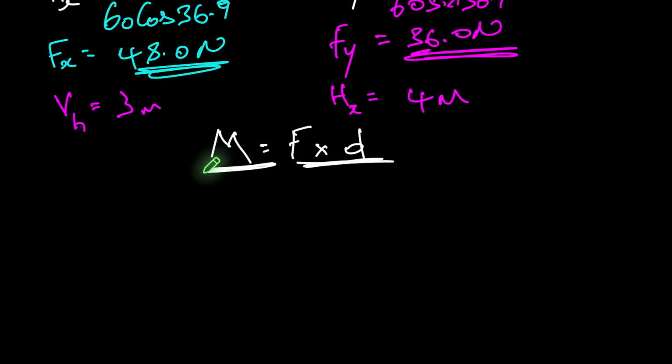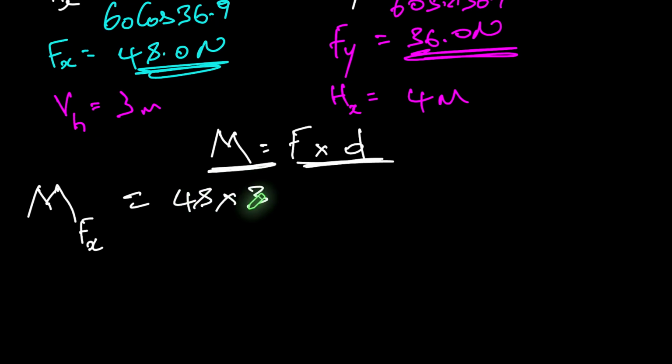So what we have now then is, let's take the moment of our horizontal force component. So we would just simply do 48 multiplied by 3, and that will give us 144 newton meters.